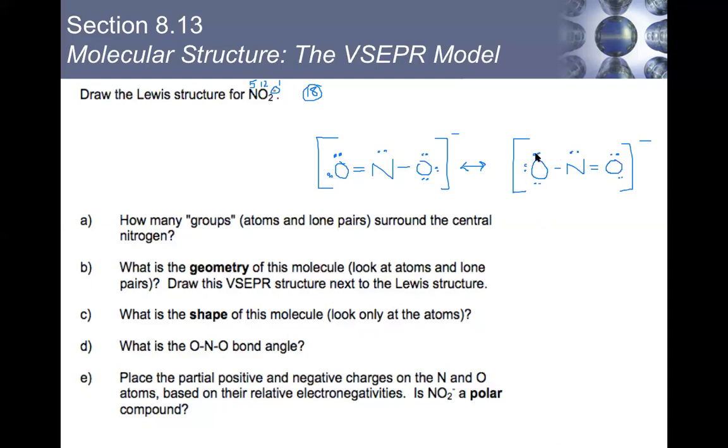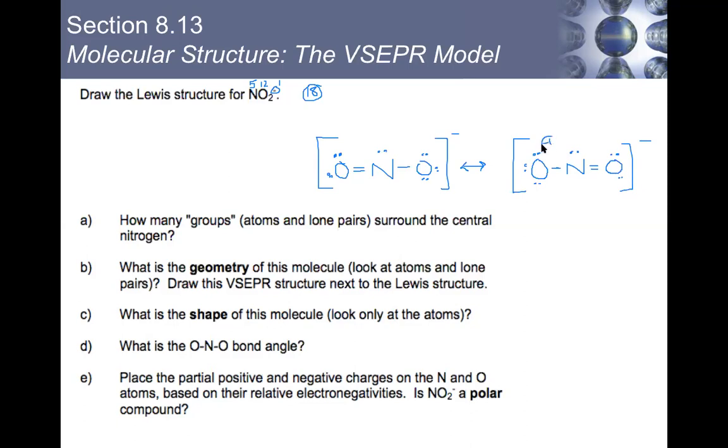It has 2, 4, 6, and we only count one of these when we're doing formal charge. For the octet rule, this is 2, 4, 6, 8. But when we do formal charge, we only say one of these goes to the oxygen. So this is 6 minus 7. So the O has a -1.